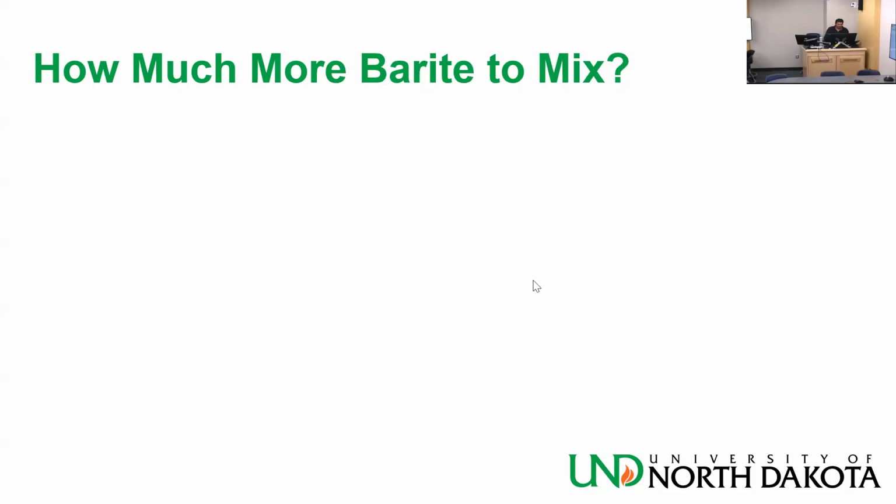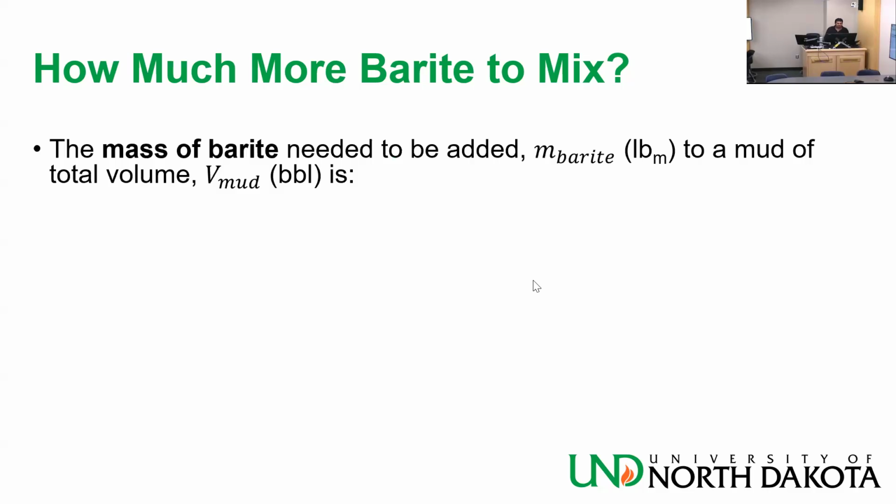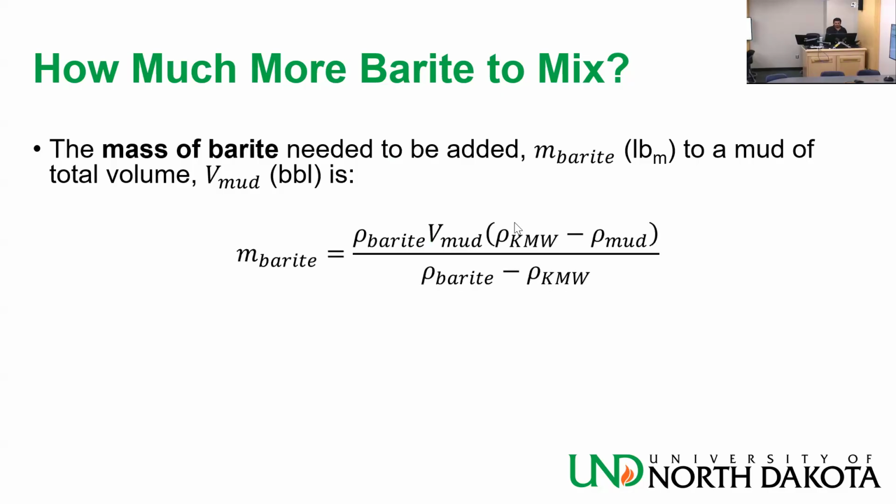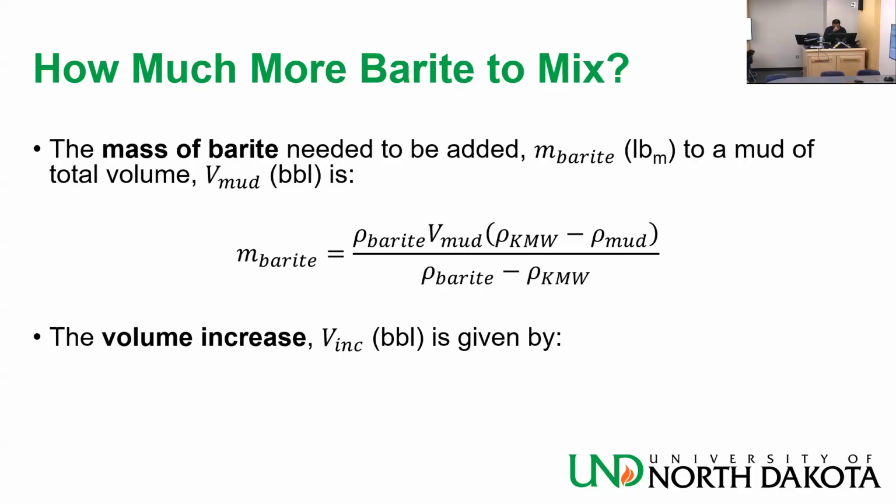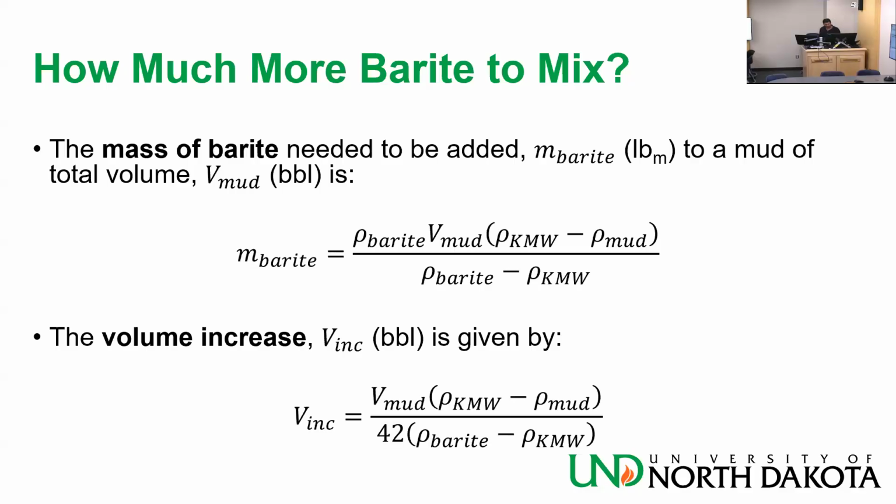And this is the equation he's going to use: the mass of barite needed to be added, in pound mass, to a total volume, and so on. And then the volume increase is given by this.